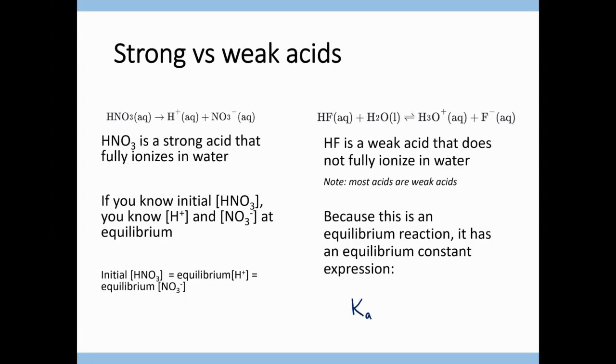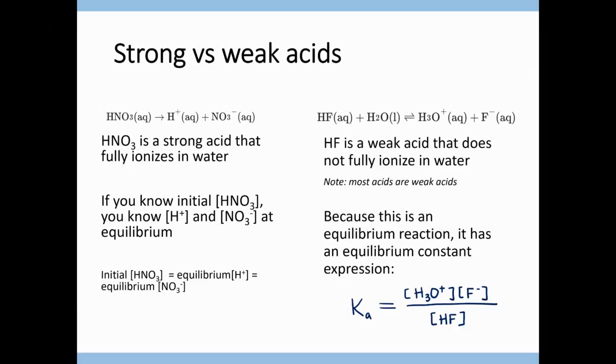For an acid, we're looking at an acid added to solution. Sometimes we use Ka, so that A subscript is for acid. We'll talk about Kb for bases. It's the same thing as K: concentration of products over concentration of reactants, leaving out water because it is a liquid.